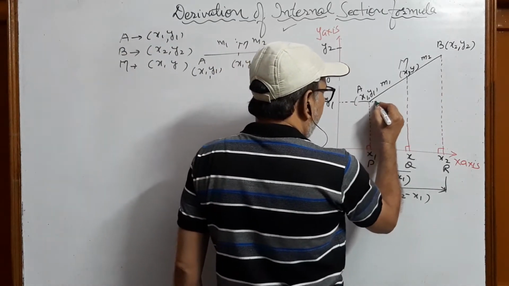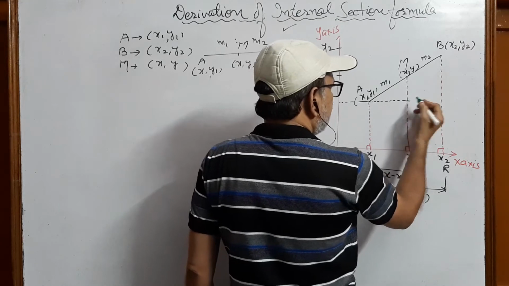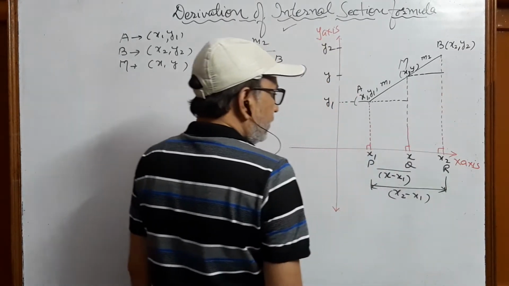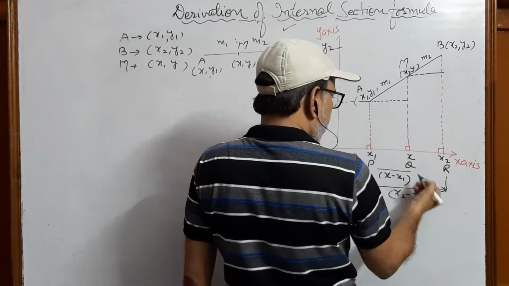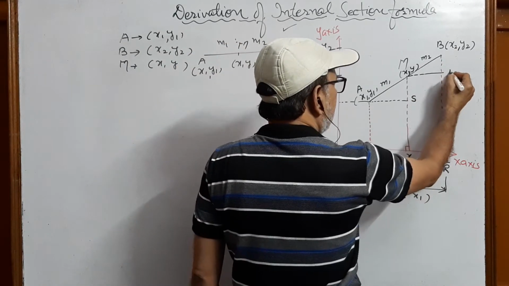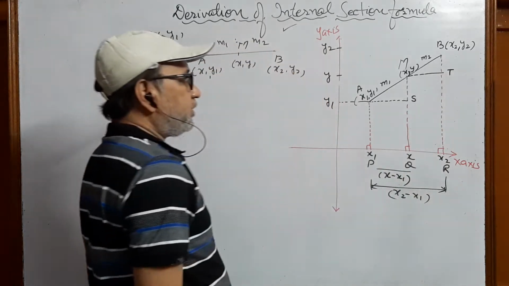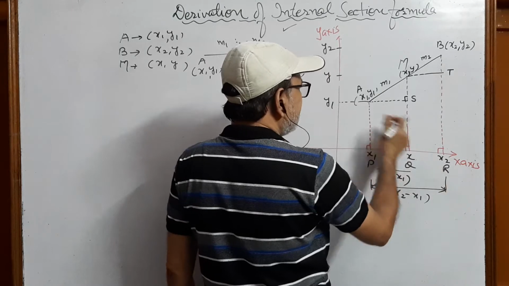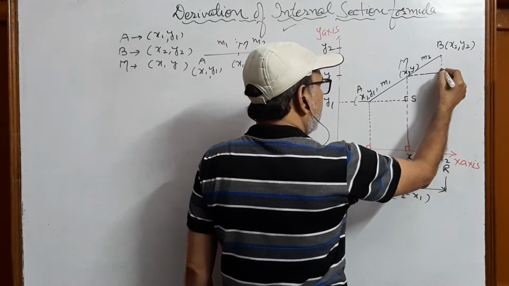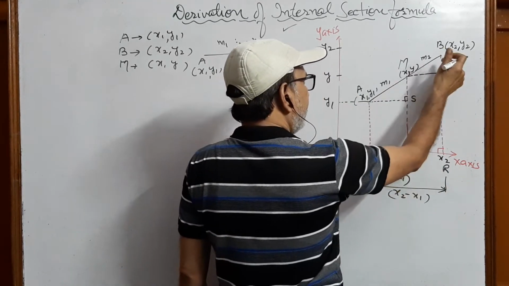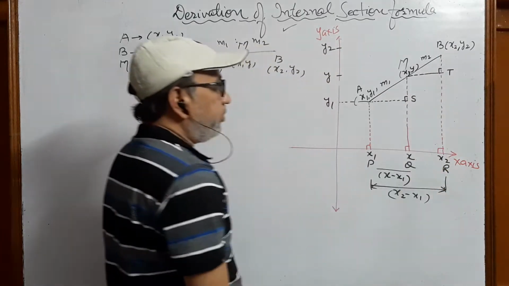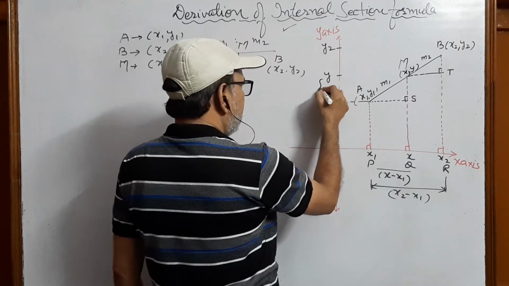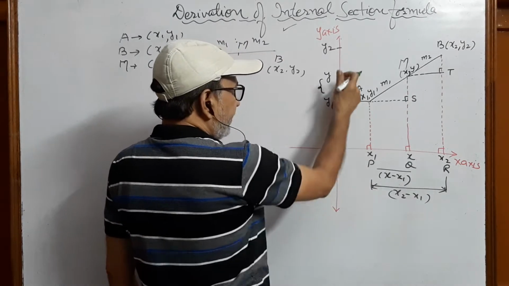Then draw the perpendicular from these two lines, right? And here, say points P, Q, R, S, and T. Right? Again, I draw a perpendicular in the same way as you have drawn on the x-axis. Simply we draw the perpendicular from the points A, M on the previous perpendiculars. Okay, so simply find this distance, complete y and y1.